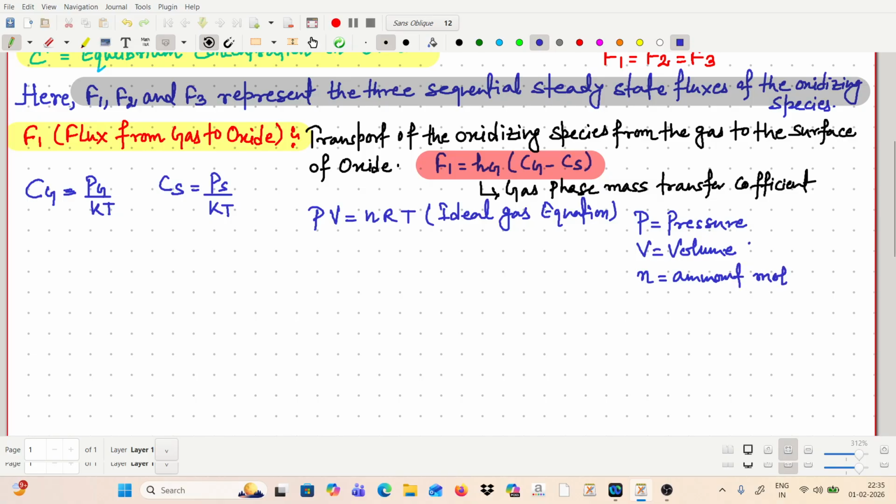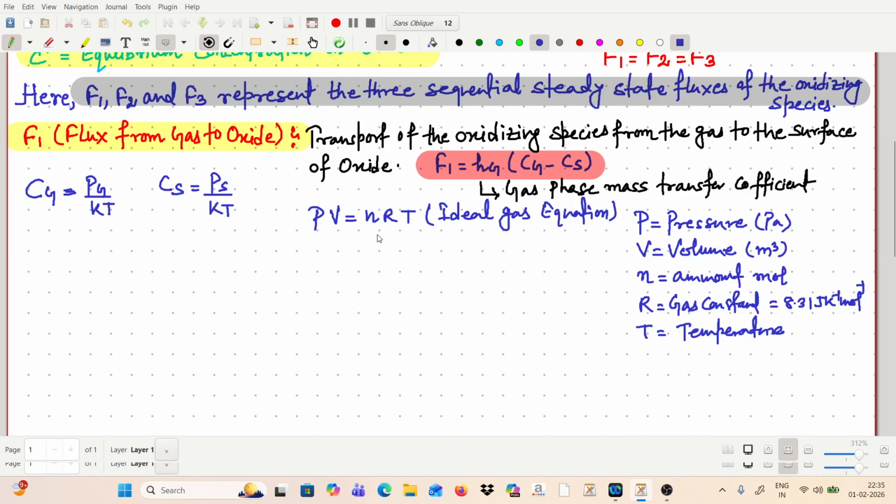Volume in meter cube, pressure in Pascal. R is the gas constant, and this value is 8.31 joule per Kelvin per mole, and T is the temperature. Okay, so now this one is the ideal gas equation.